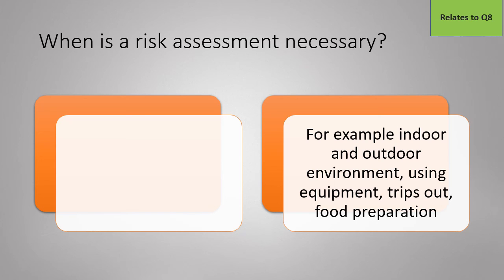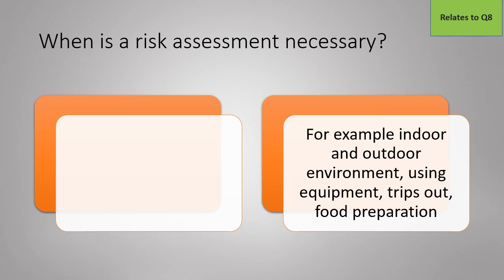We're going to look at the slides that relate to question number 8 now. So when is a risk assessment necessary? I did talk a little bit earlier about a childcare environment in a baby room. In this slide, for example, we have indoor and outdoor environments, using equipment, trips out, and food preparation.